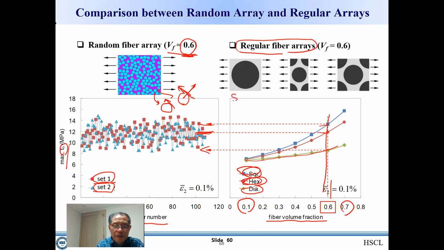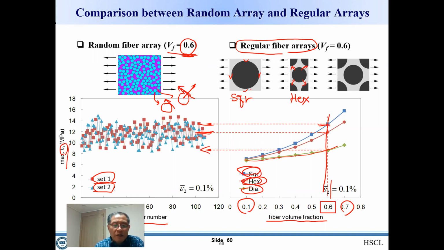The square array gives us the highest stress concentration distributions, and hex is more likely an average one. If you use this scale, the stress is highly concentrated here. Whereas the hex is somewhat averaged, because the distance between the fibers is farther than in the square models.